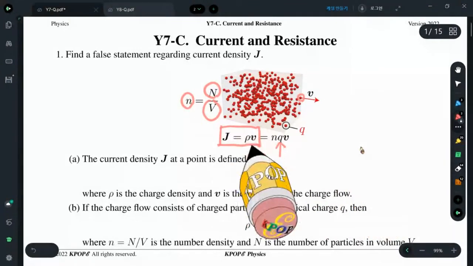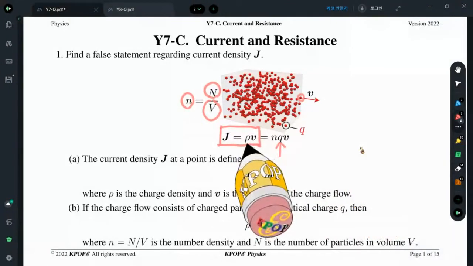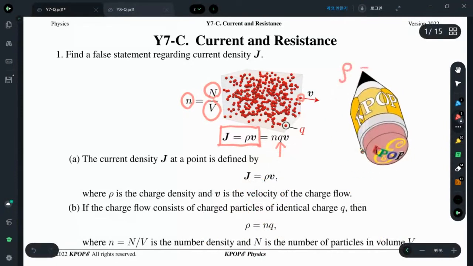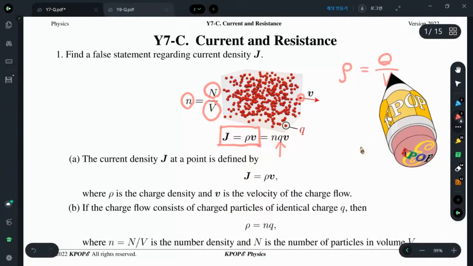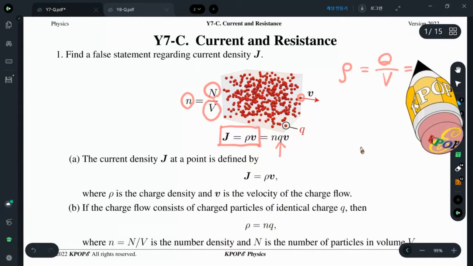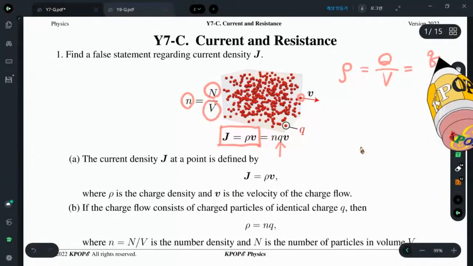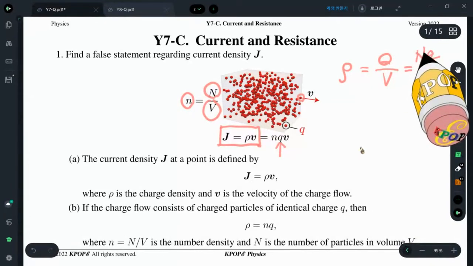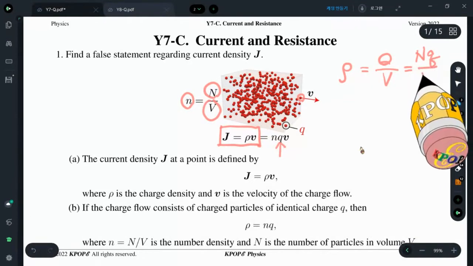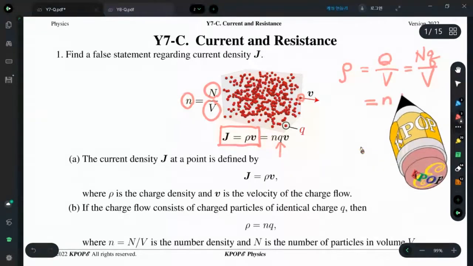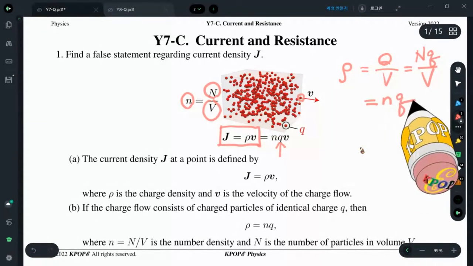That rho is a charge per unit volume. And each charge has a charge q, and there are n such particles in volume V. Therefore, it is a small n multiplied by q.